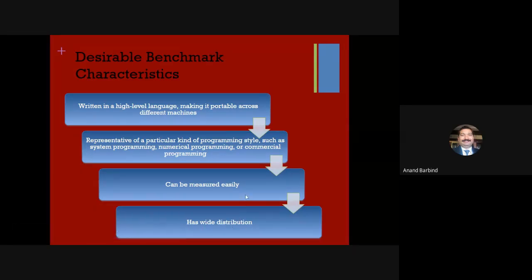The program should be easily available for measuring the performance. So these are the desirable benchmark characteristics.